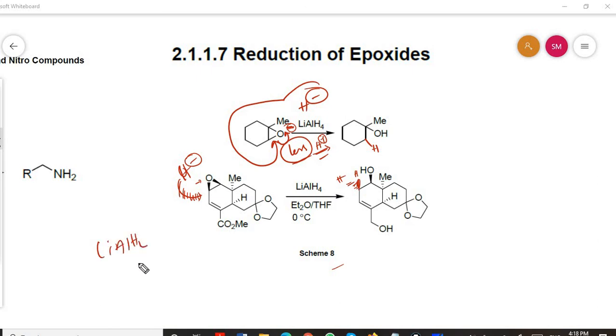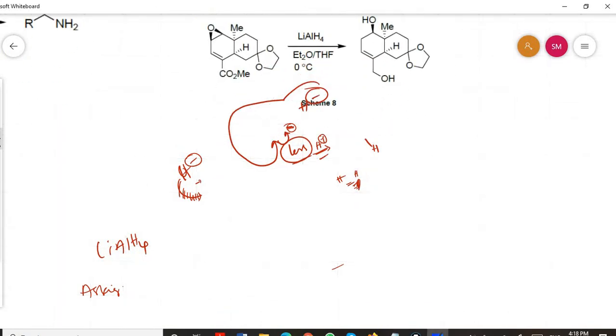Now the assignment. Make a lithium aluminum hydride table or chart including all the functionalities. If aldehyde, what happens?